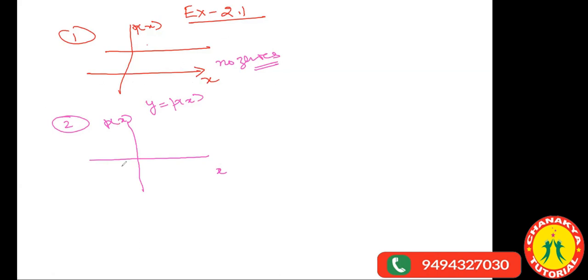Now the graph is in this way. Now Shyam, unmute yourself. Tell me how many zeros this graph contains? 1. Good. Because it intersects the x-axis at one point, therefore 1 zero.